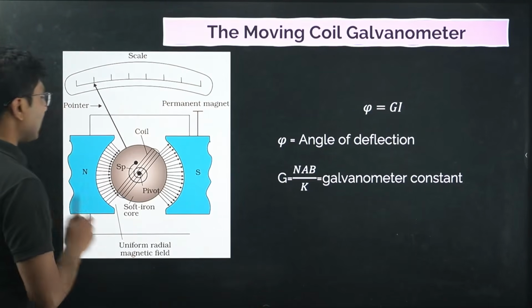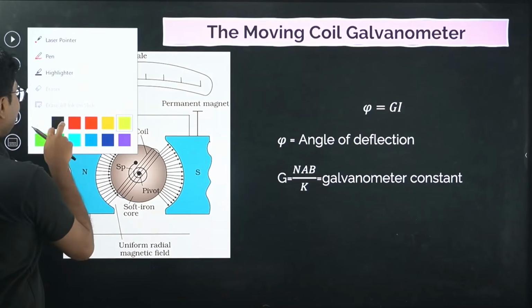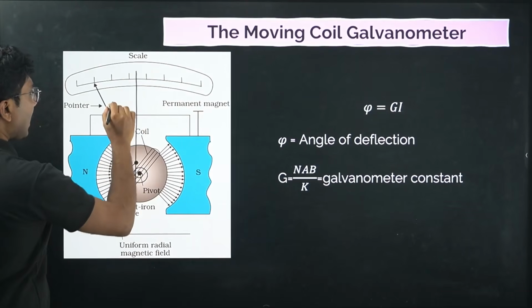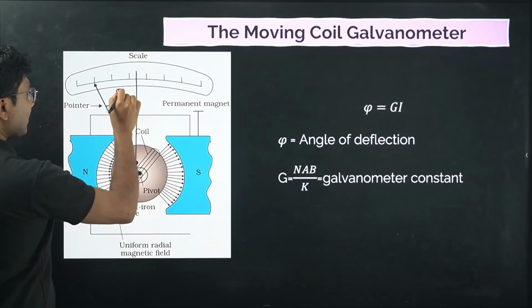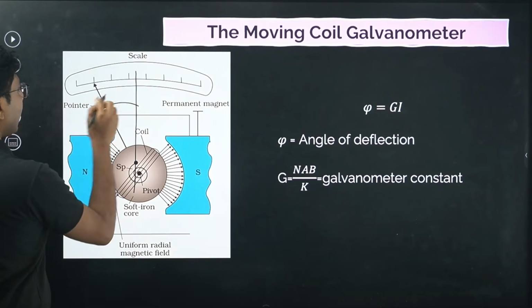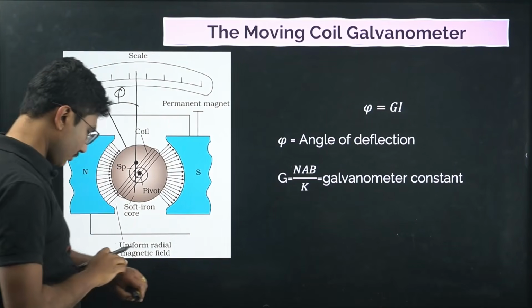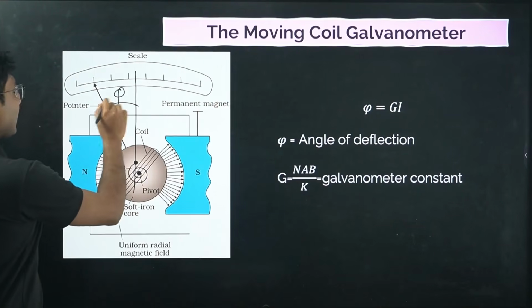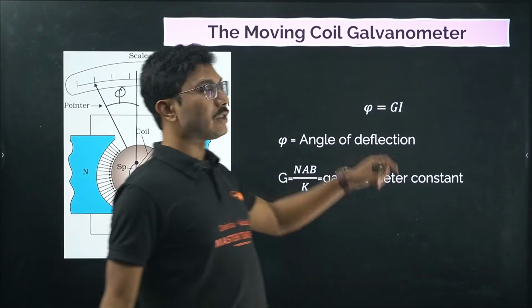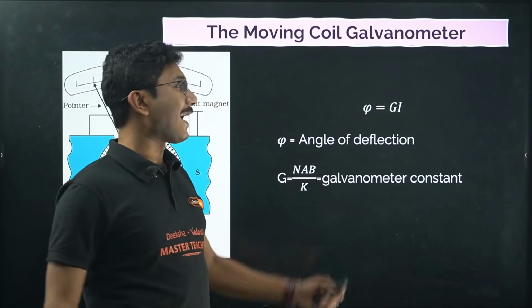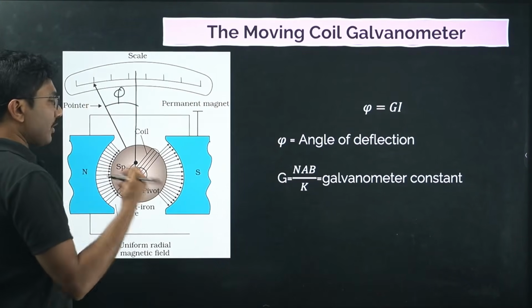Now if the galvanometer deflects by an angle, say phi, so suppose this is the normal position, and after the current is passed through it, the angle of deflection is given by phi. Then phi is equal to G into I. G is the galvanometer constant and I is the current which we are trying to measure.